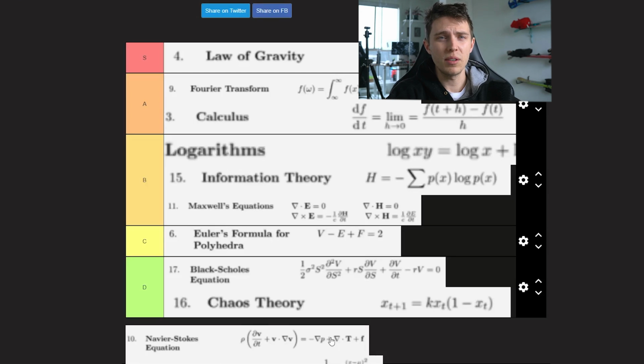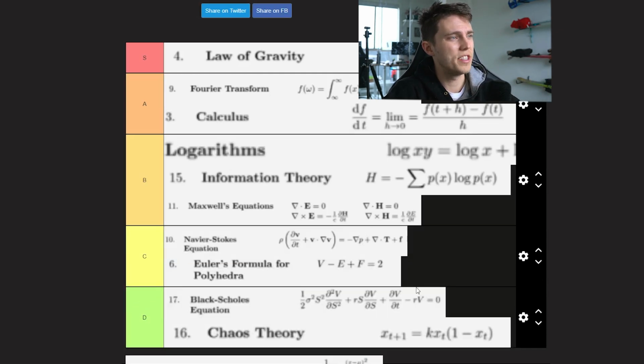And they're used a lot in understanding weather patterns and a lot of different particle and wave movements, including like ocean currents. I think they're really similar in importance to logarithms in the way that it's just kind of helped describe different fluid dynamics. Logarithms have more applicable usage, so I'm gonna put this actually in C, and I'm gonna put this over Euler's formula for Polyhedra.